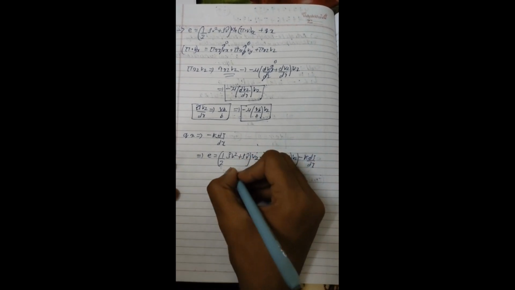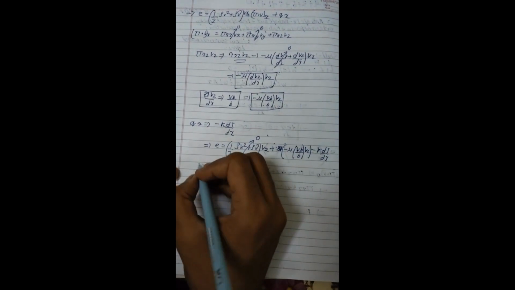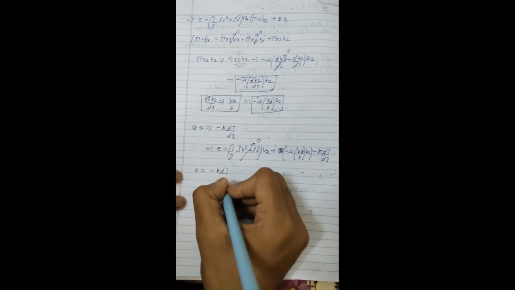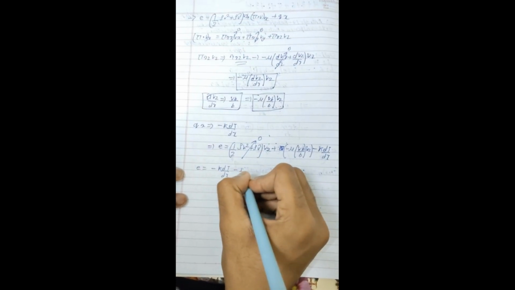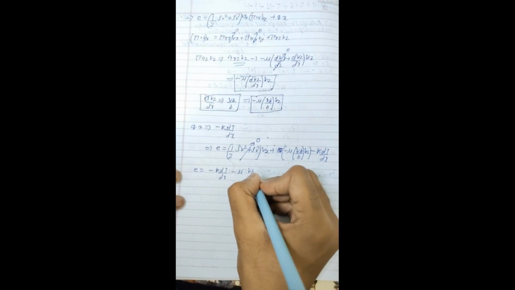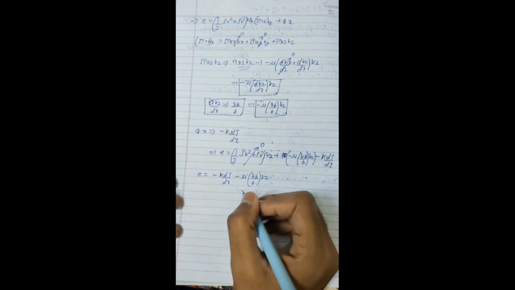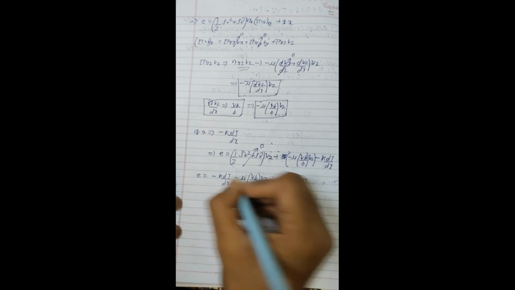Now we know V is 0, Vx is 0, so this will be further simplified. E is nothing but minus k dT by dx minus mu Vb upon b into Vz. We got this equation at first.